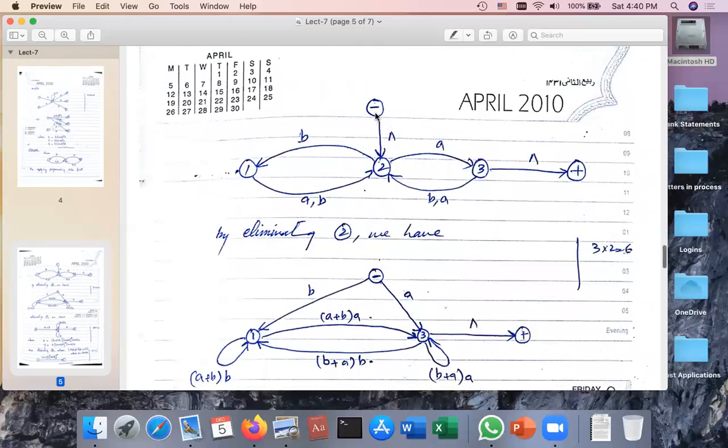Okay. From the initial state, if I remove this state, I can reach 1 by using this path. So I can introduce one edge here. From this initial state, taking B, I can reach 1. And similarly, from this initial state, taking A, I can reach 3.